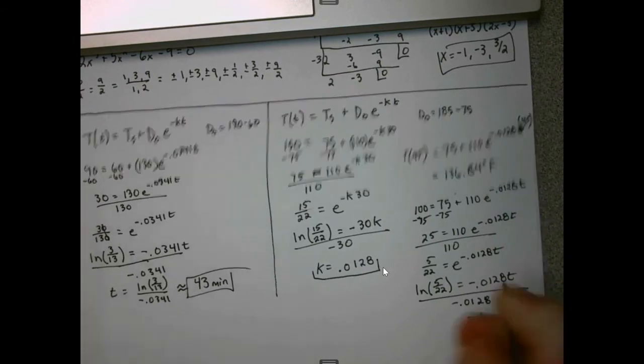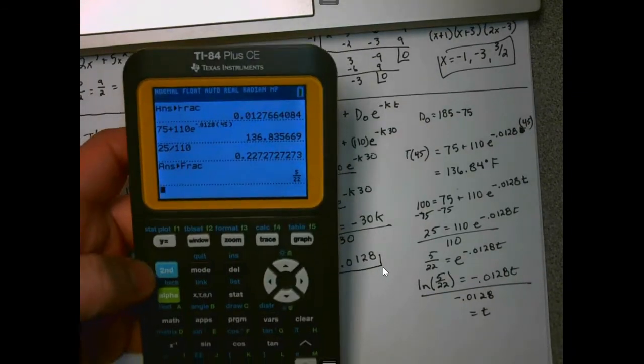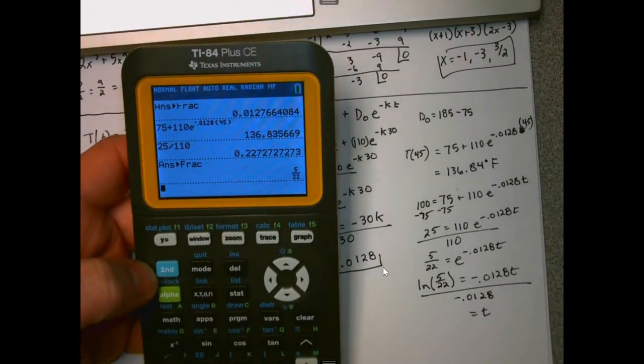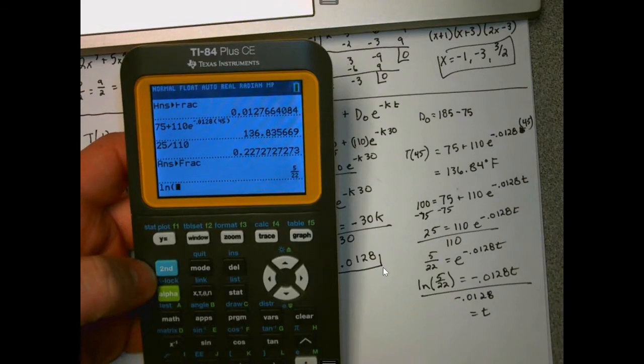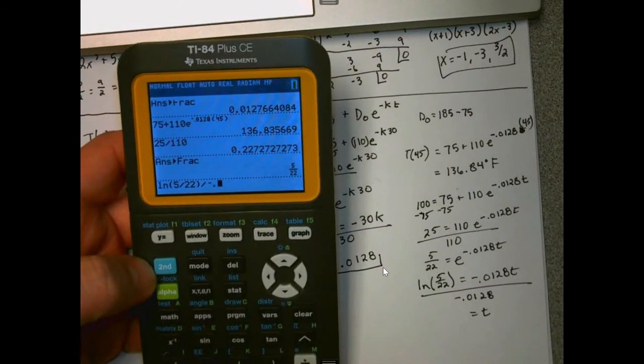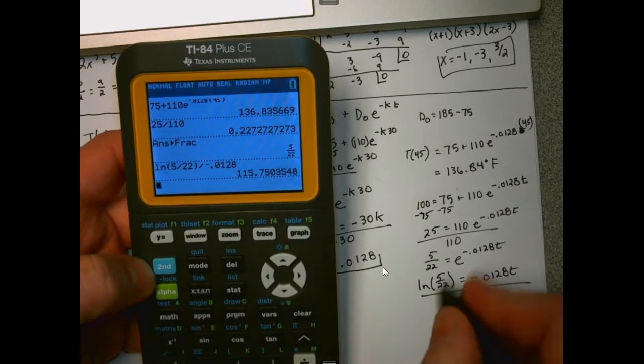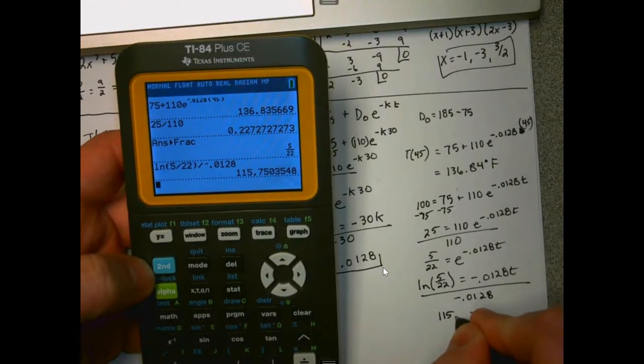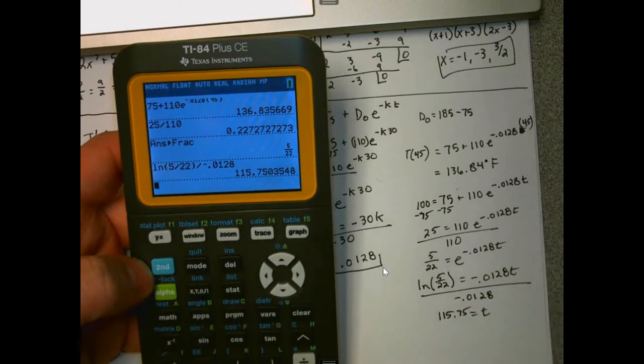And t equals ln of 5 over 22 divided by negative 0.0128. So 115.75 minutes.